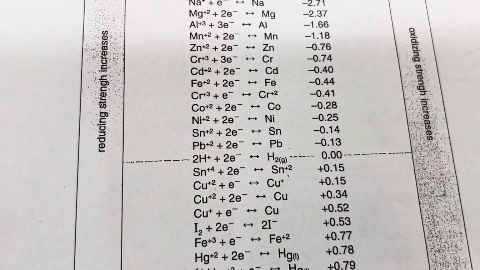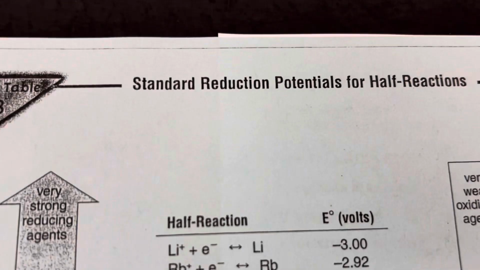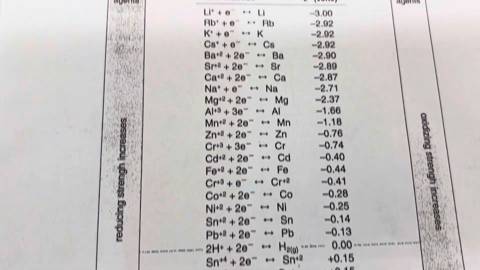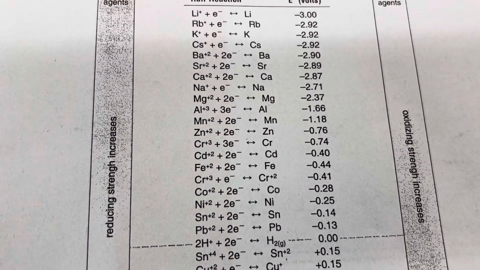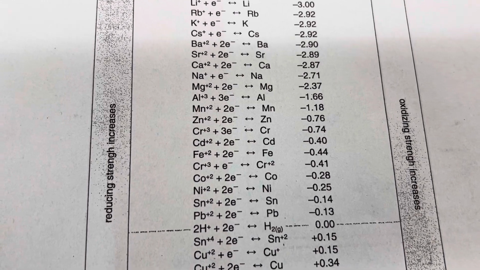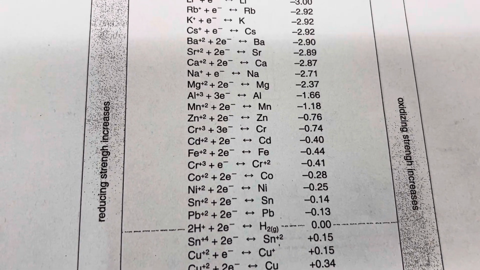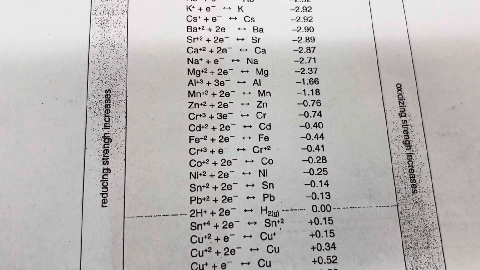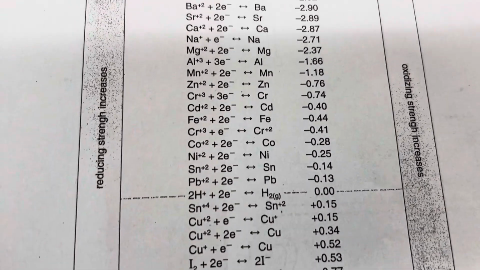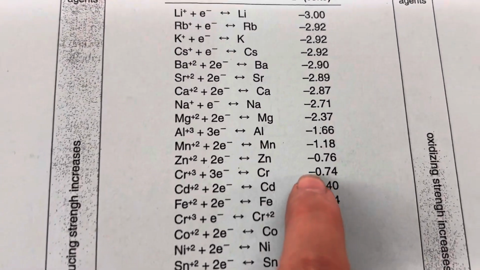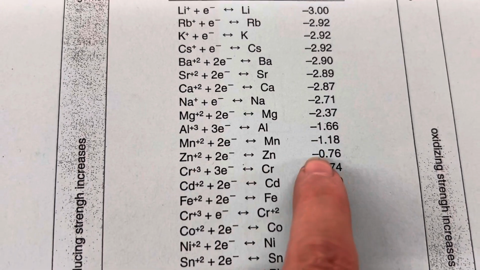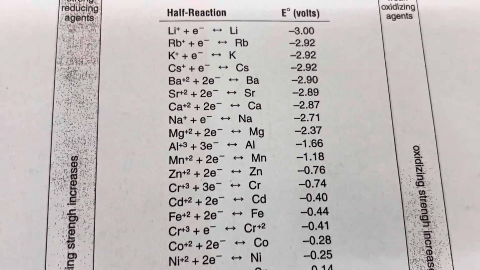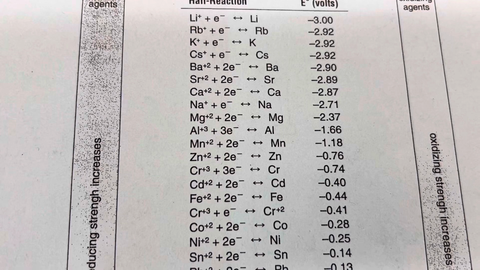Now, both of these half reactions are reduction reactions, but we know in redox one has to be an oxidation and one has to be reduction. So we have to flip one of these two half reactions. Well, the way you choose it is you want to flip it so that the voltage, if I flip the zinc reaction, then has to become a positive 0.76 volts.